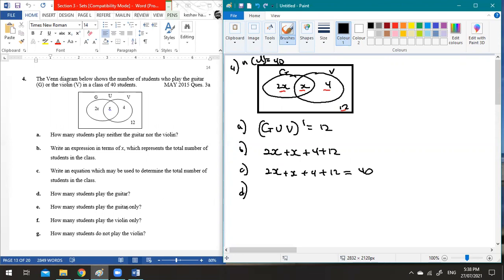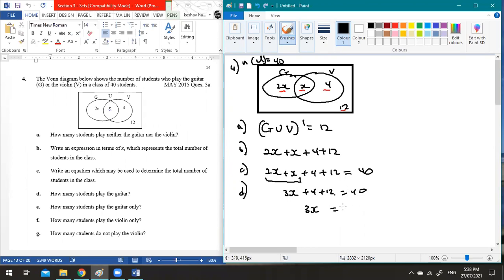How many students play guitar? So we want to find how many students play guitar. But it didn't say guitar only, so we have to find everybody in the circle, which will be 2x plus x, which is 3x. So 2x plus x is 3x, plus 4 plus 12 is equal to 40. We want to find how many students, which will be equal to 3x. 4 plus 12 is 16.